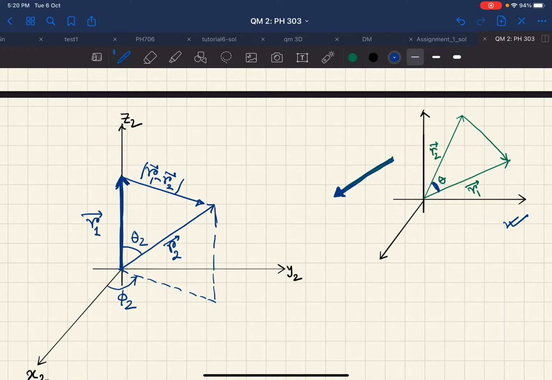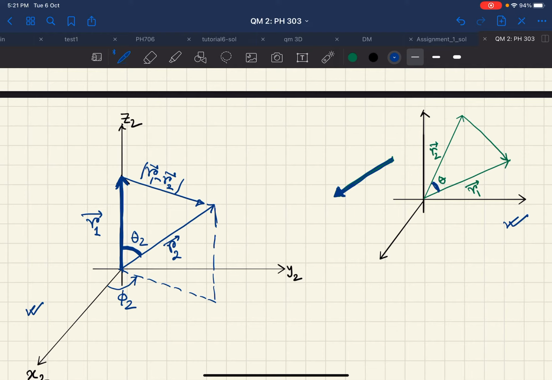I want to remove this particular angle, and for that I am choosing my r1 vector along the z direction, and I know that whatever my r2 will be, because of this particular choice, the angle between r1 and r2 will always be my azimuthal angle or the polar angle theta 2. So now this theta 2 is at my hand for the second particle.